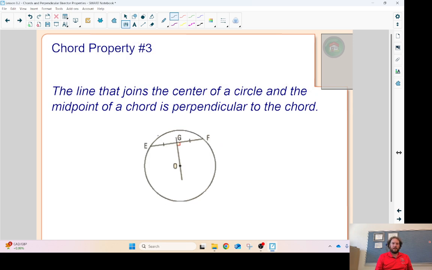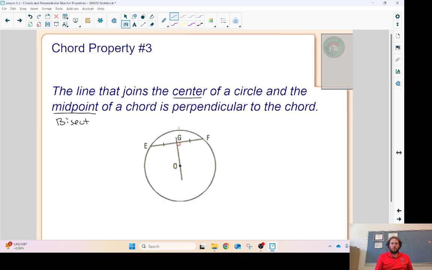Finally, number three: if a line passes through the center of my circle and it bisects my chord, then it will always do so at 90 degrees. So it's the same three pieces of information each time: passes through the center, bisects the chord, and if it meets those two requirements, then the line has to be perpendicular.